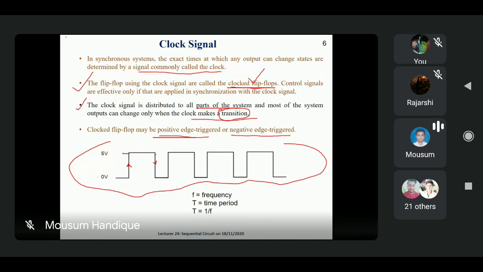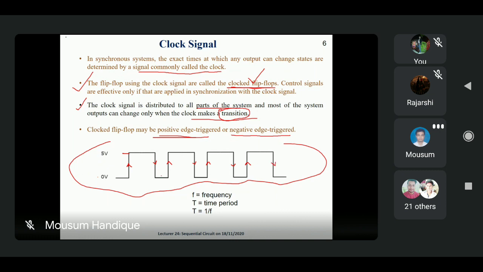This one is called a negative edge triggered, and this one is called a positive edge triggered. Are you getting my point? And this is the transition period. We denote it this way.